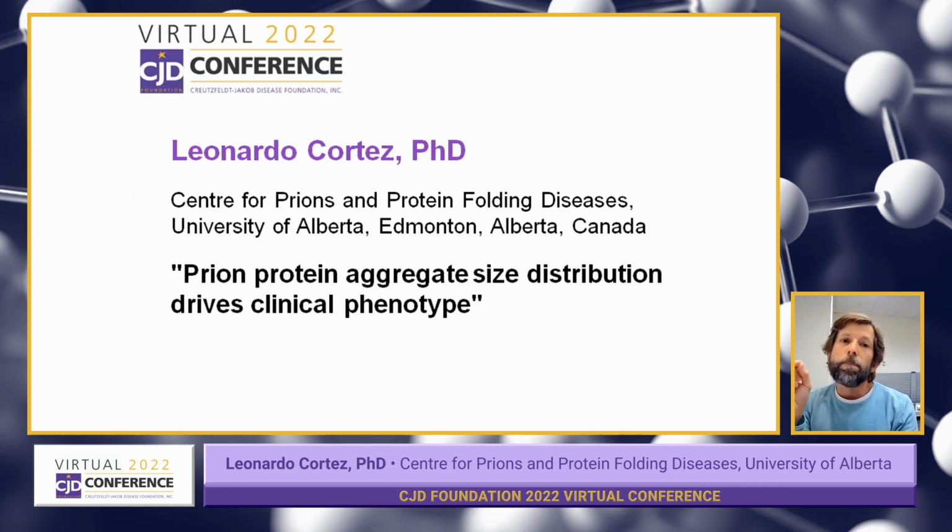Well, in an article that we recently published, also with the support of the CJD Foundation, we found that in fact there is an association. We proposed that the different proportion of these two populations of prion particles in the brain of patients with CJD will drive their symptoms.